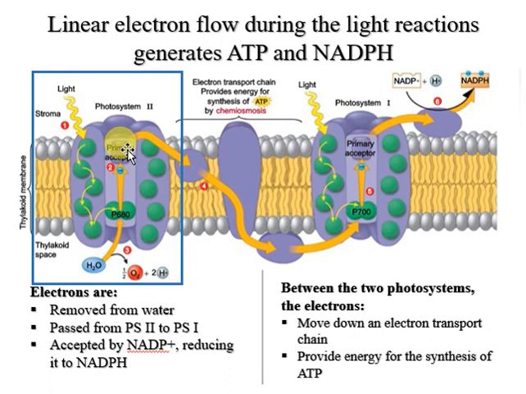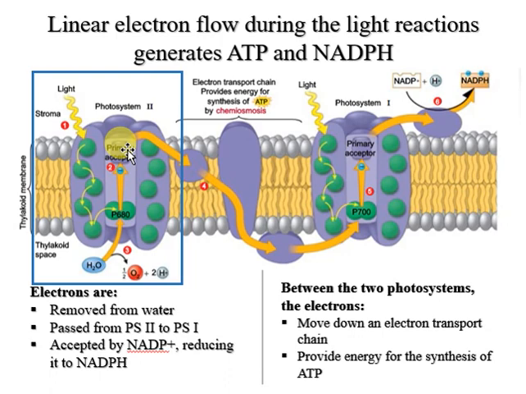Now, P680 plus is the strongest oxidizing agent known. So in this state, where it's missing an electron, it becomes very, very reactive, and essentially has this electron hole that needs to be filled.